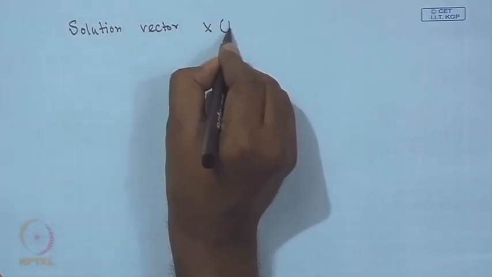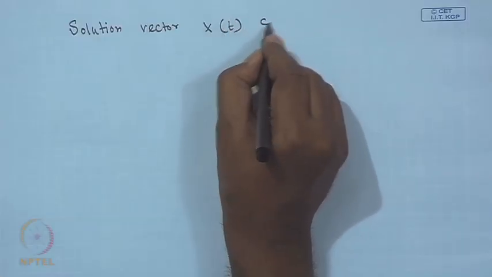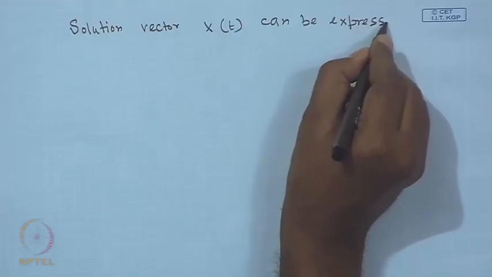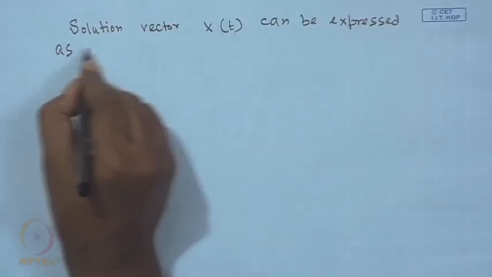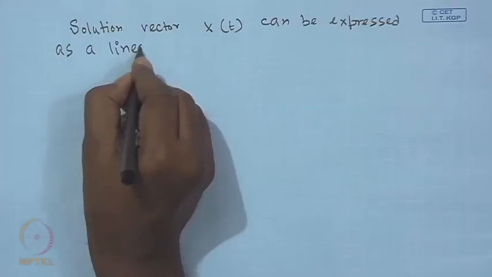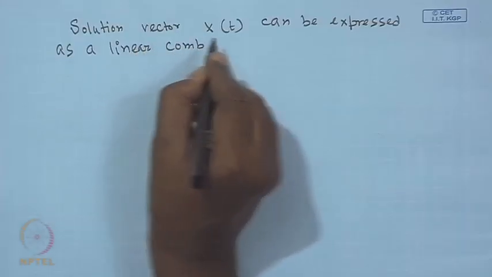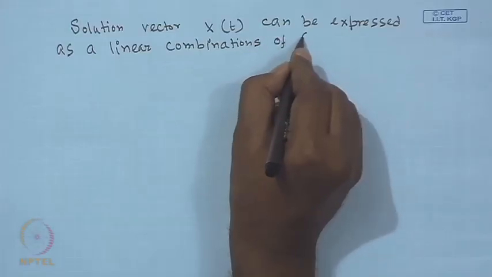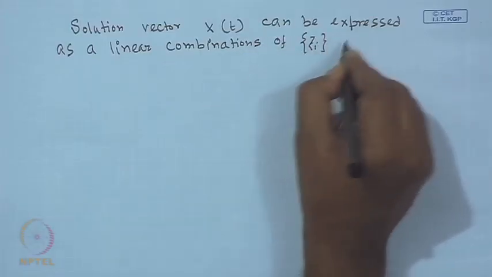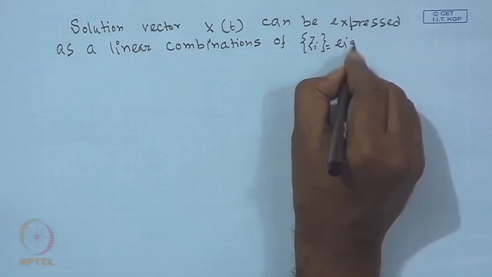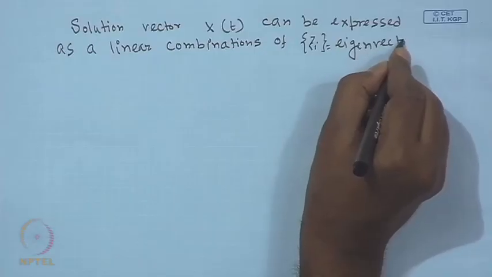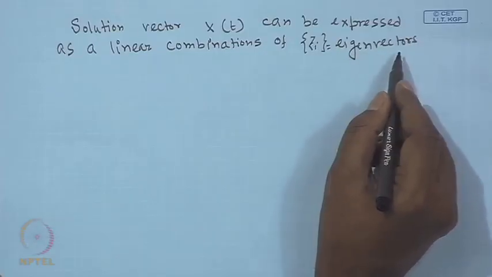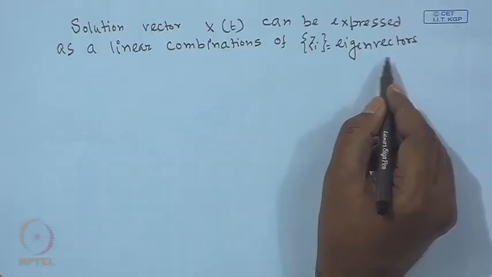So, therefore, the solution vector x t can be expressed as a linear combination of z i's, the eigenvectors, because we have already proved earlier that eigenvectors are always independent vectors.